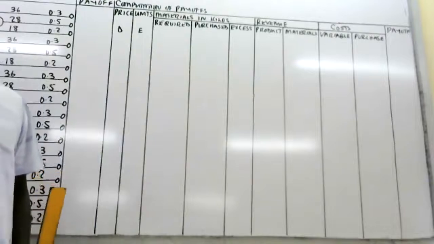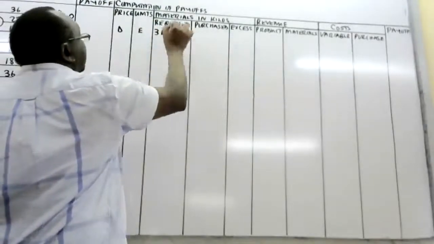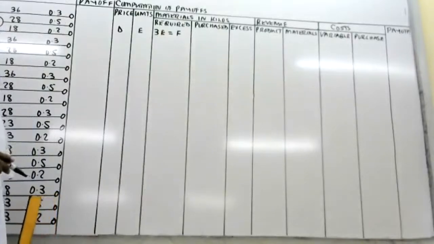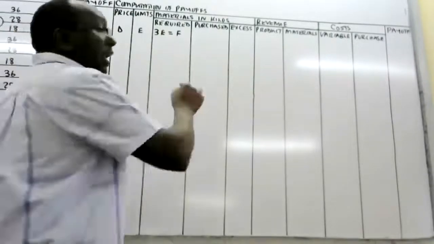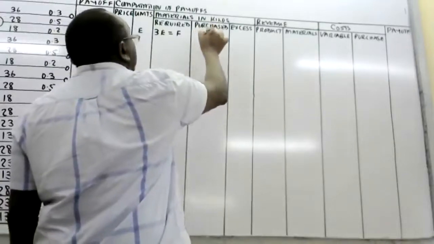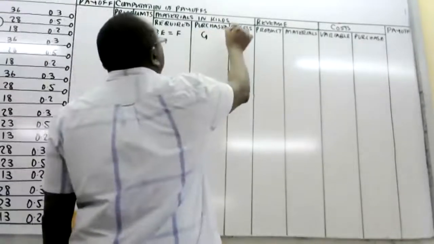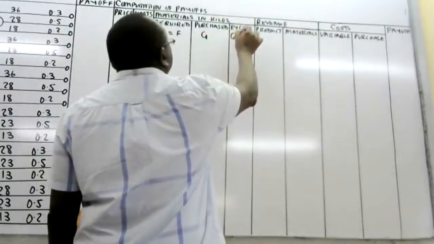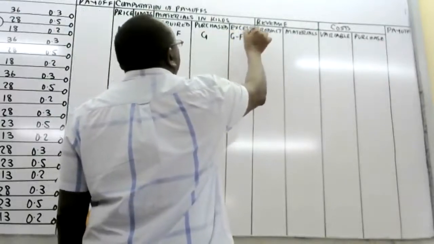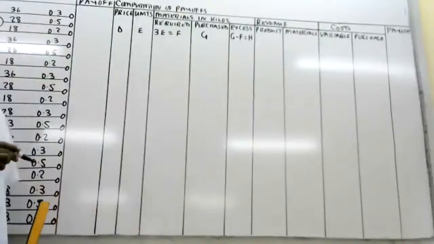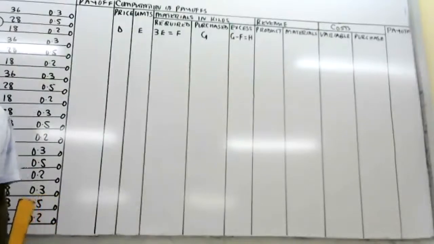So that will be given as 3E, and you call it F. Then purchased, let's call it G. The excess will be given as G minus F, which I want us to call H.